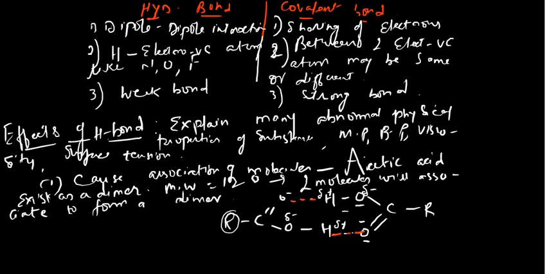Now let's look into the other important properties: high melting point and boiling point. Due to the presence of hydrogen bonding, some substances like hydrogen fluoride and water have abnormally high boiling points.